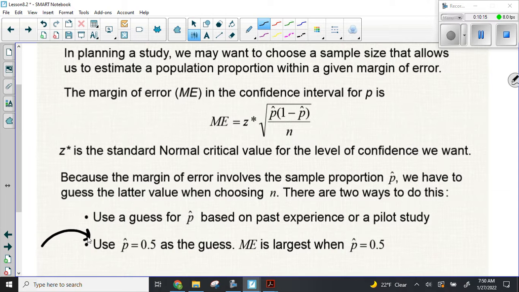The margin of error is largest when p hat is 0.5. So if you're not given some sample proportion, you assume that sample proportion is 0.5, and that increases your margin of error so that you have a decreased chance of missing the true proportion.